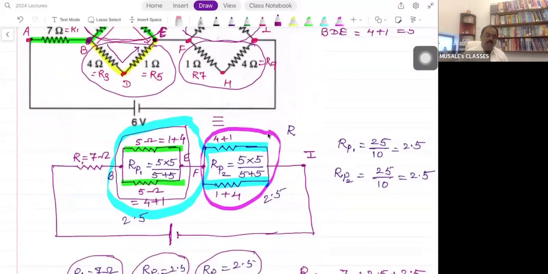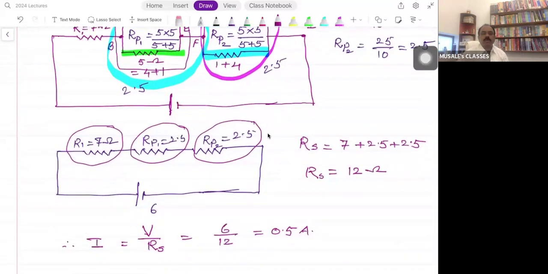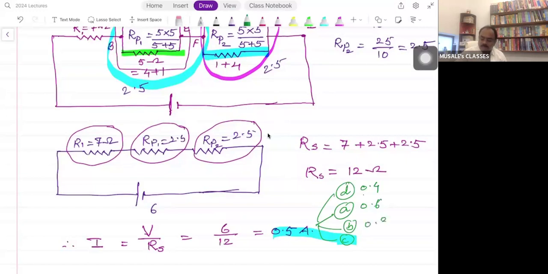So they will ask you, find the current drawn from the battery. This can be option A, or B, or C, or D. Suppose this option is C, then option A can be 0.4, option B can be 0.6, or option A can be 0.6 and option B can be 0.3, anything.